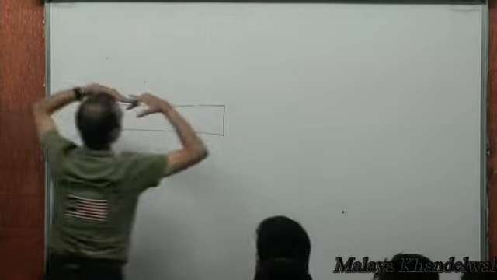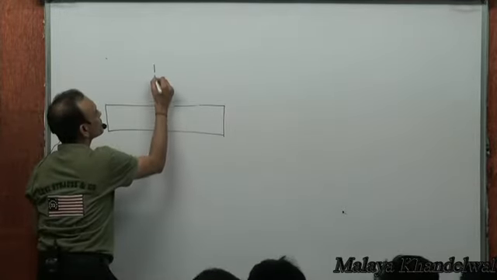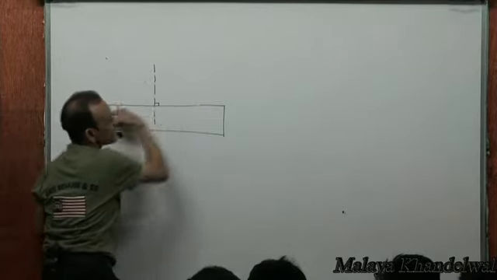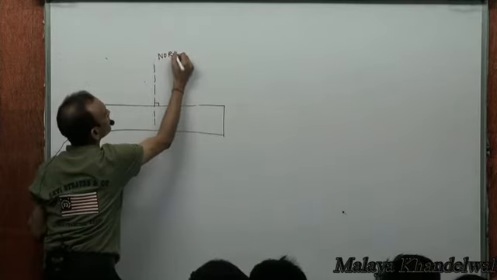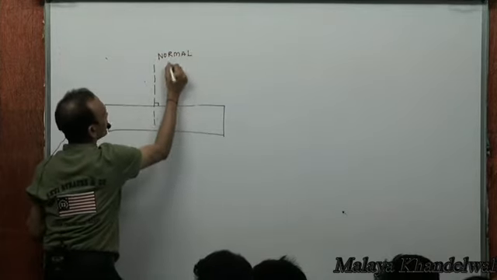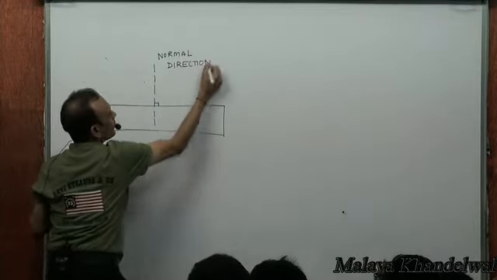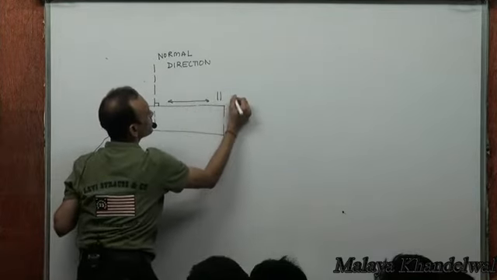This is the surface of the rigid body. Perpendicular to the surface is the normal direction. Parallel to the surface is the parallel direction.